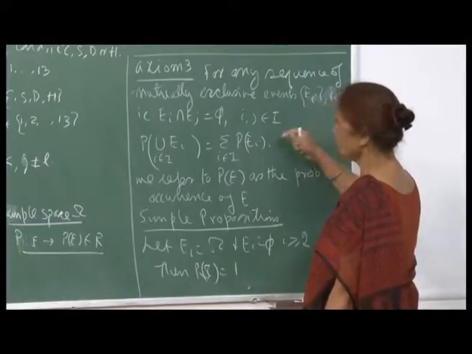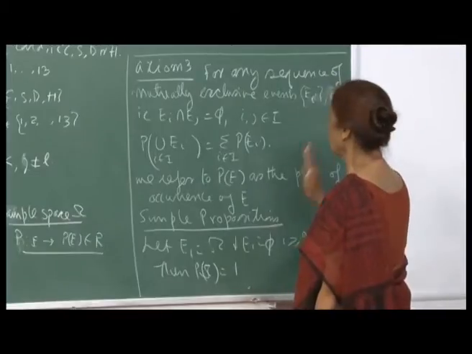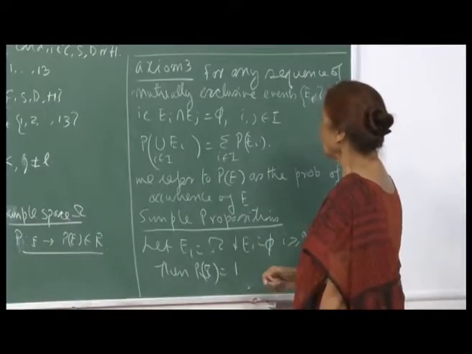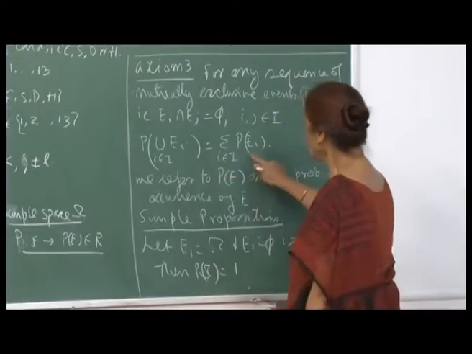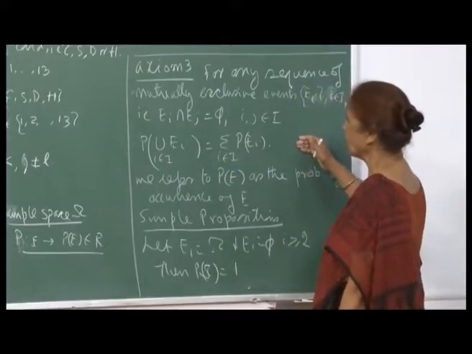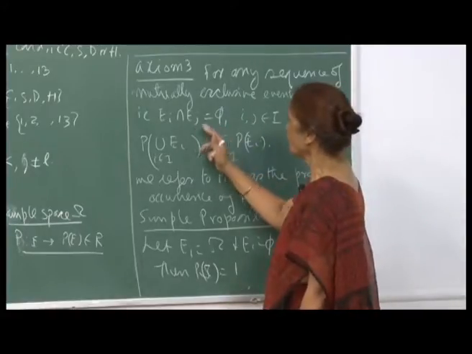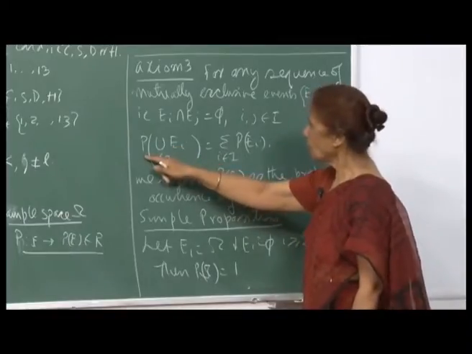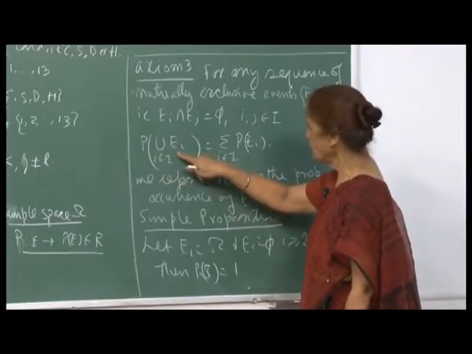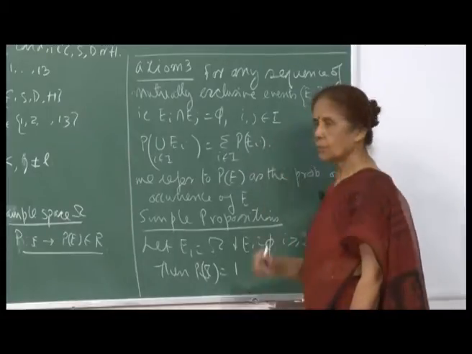This collection can be finite or infinite, it does not matter, and we refer to it as the index set I. Then the probability of the union of E_i, i belonging to I, should be equal to the sum of the probabilities. Because the events are mutually exclusive, they are disjoint, so the probability of the union of these E_i's should be equal to the sum of the probabilities.